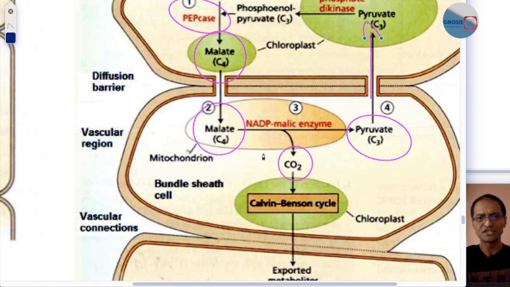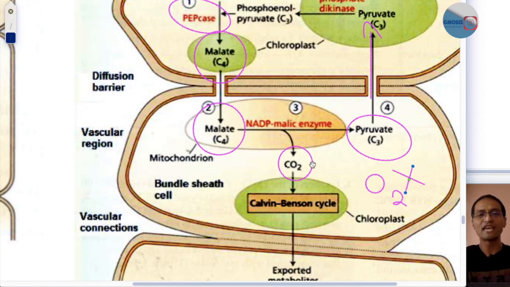And the advantage of this process is that whatever carbon dioxide you have here does not have to compete with oxygen, because oxygen is at very low levels, if present at all, in the bundle sheath cells, because these chloroplasts do not have the grana to undertake the light-dependent reaction of photosynthesis.